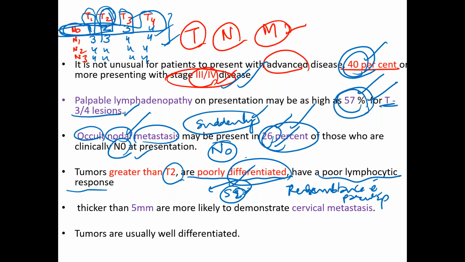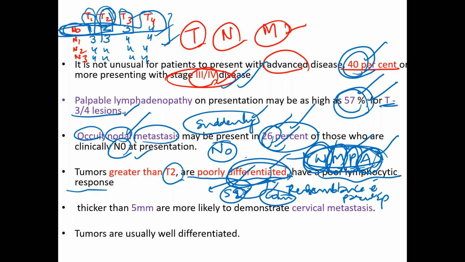If it is not resembling the squamous epithelium and becomes like, for example, columnar epithelium, it becomes poorly differentiated. So there are 4 grades based on differentiation: well differentiated, moderately differentiated, poorly differentiated, and anaplastic.